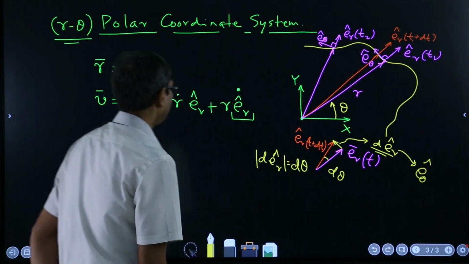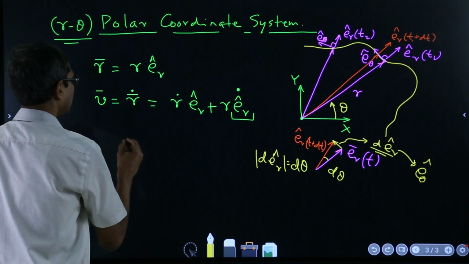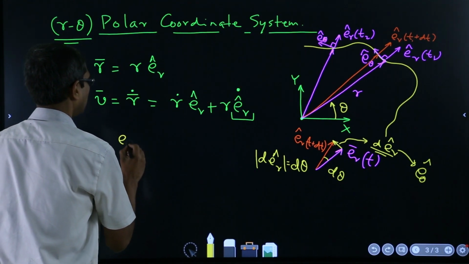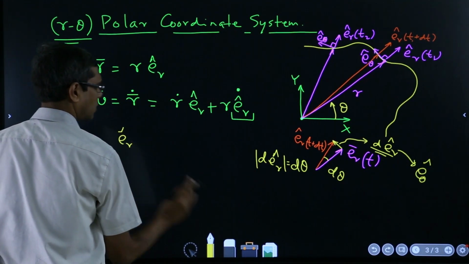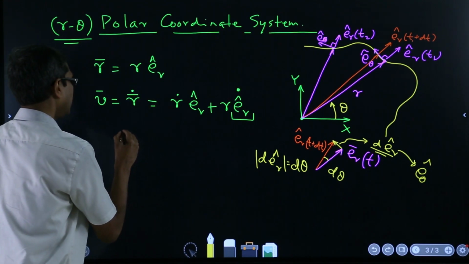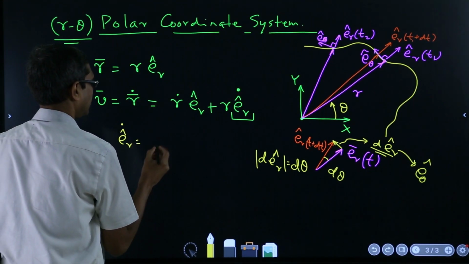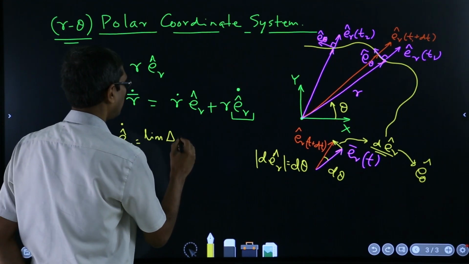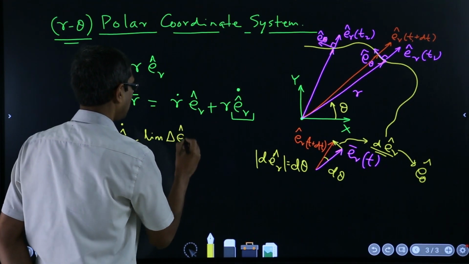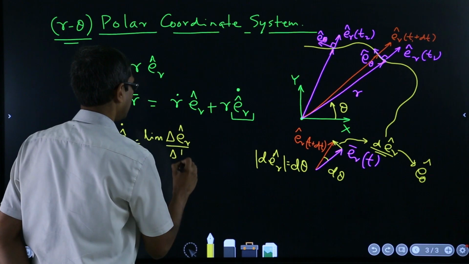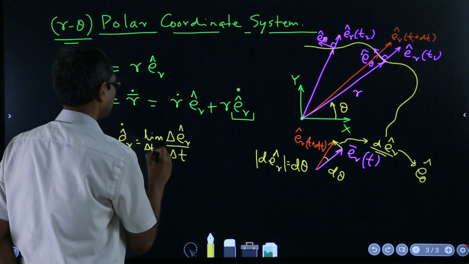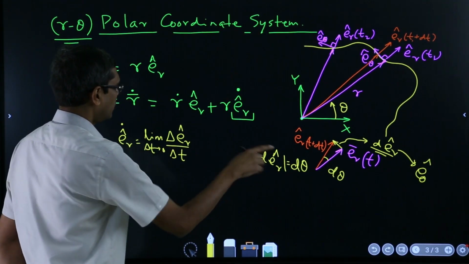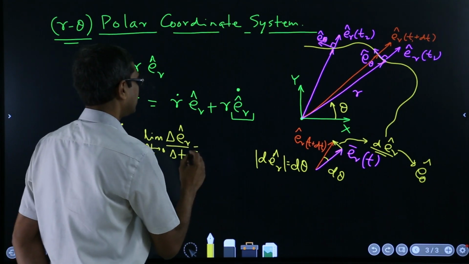Okay. That means now we can calculate e_r dot, in the limit. Here I am just writing for clarity, d of e_r over dt when delta t tends to 0.